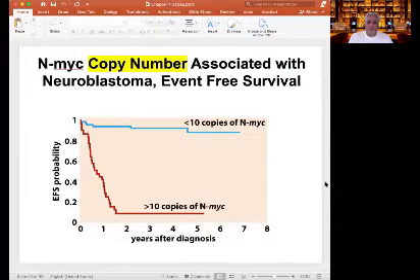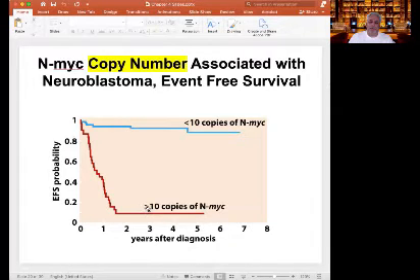What's the correlation? Well, as we said on the previous slide, copy number is associated with survival. So those patients that have low copy number of the N-myc gene tend to survive longer than those patients that have greater numbers of the N-myc gene amplified.